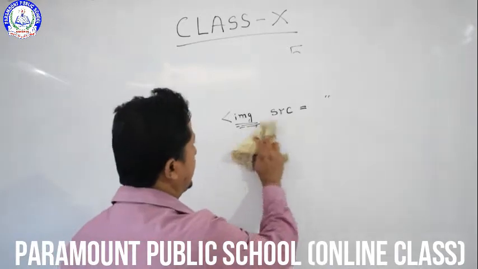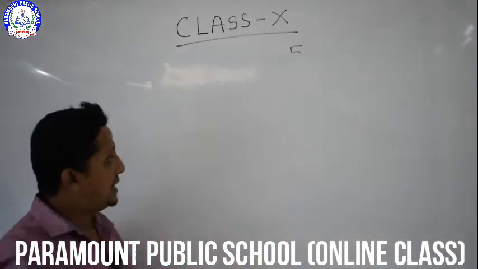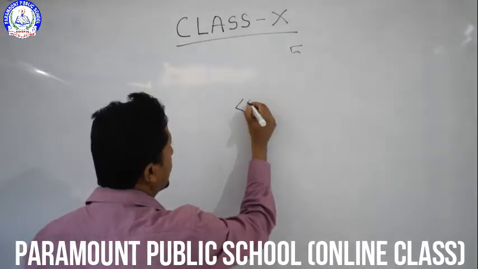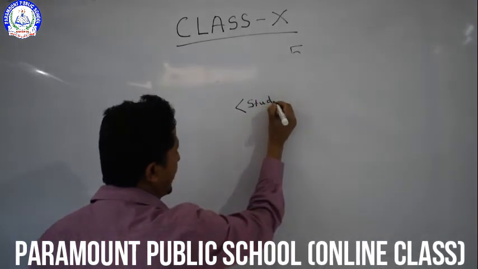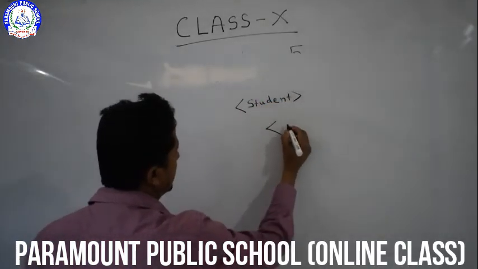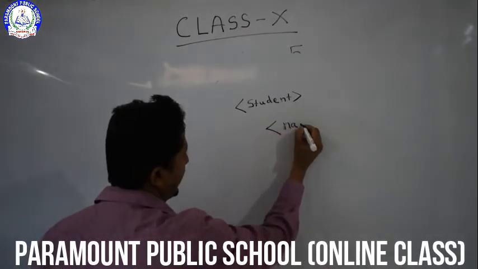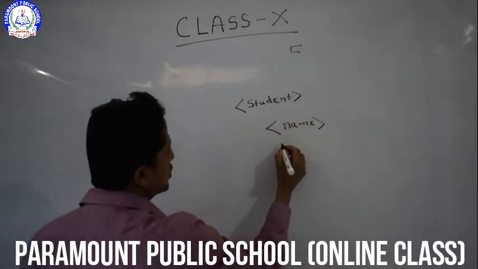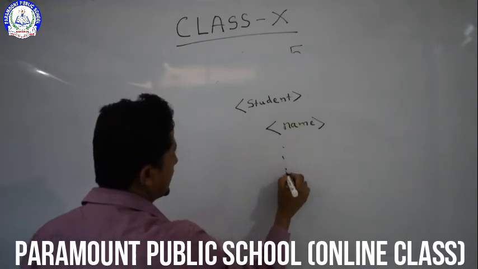For example, see, if I give my root as student, with S capital, and then another name as a child of student, say like this.